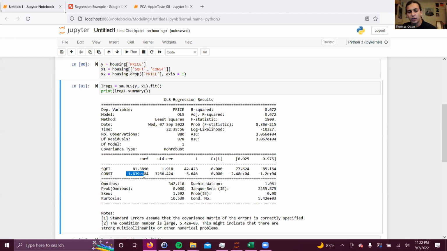And you'll see that the square foot constant, that the constant is negative here, which is really interesting. I wouldn't worry about it too much, but yeah, if you're like me, you probably do. But if you think about it, if you think about square feet and you think about this is your price, this is going to be your square feet. And then this is going to be 0 on your price.